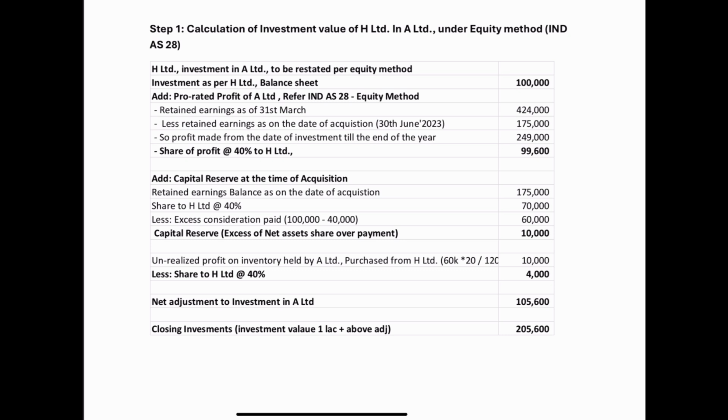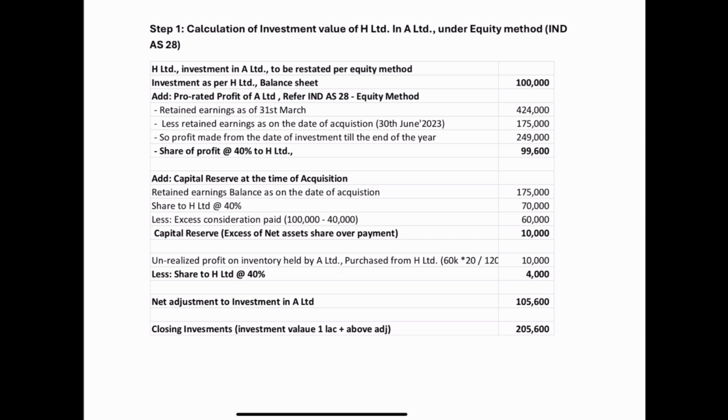So in the example, it's given that the retained earnings balance as on the date of acquisition is 1,75,000 rupees, and 40% of this 175, which means share of the retained earnings to H Limited is 70,000 rupees. And to acquire the 70,000, the consideration paid by H Limited to A Limited is only 60,000.